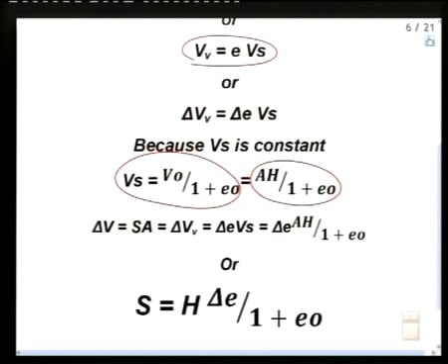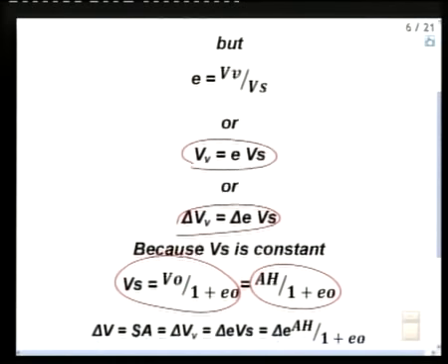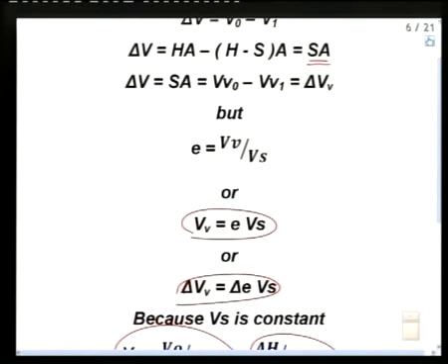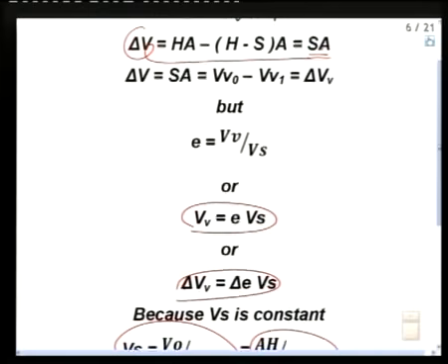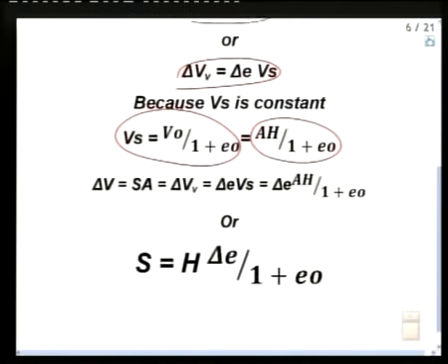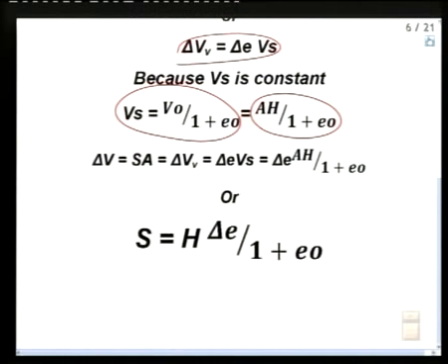Now, let us go back to delta V, as I said there. Delta V equals SA. Let us go back to it. Delta V equals SA, which equals delta Vv, from there, which equals delta e multiplied by Vs, remember.